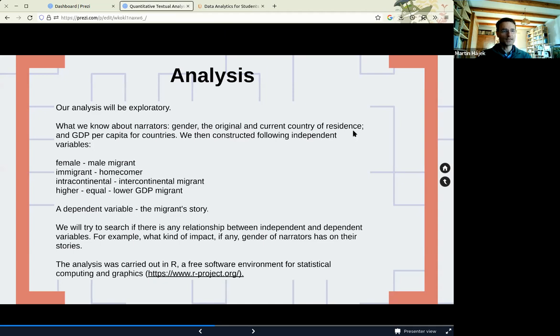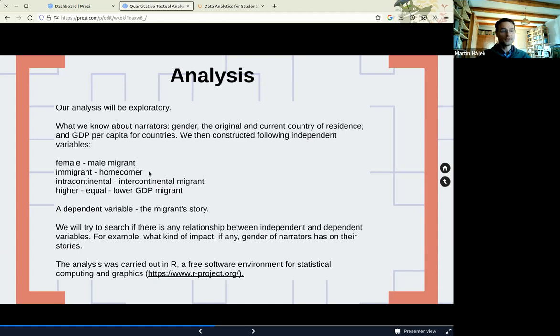We have original and current country of residence, and GDP per capita for countries, and from this information I constructed four independent variables that enter into the analysis. We have a group of female migrants and male migrants. We have immigrants and homecomers.